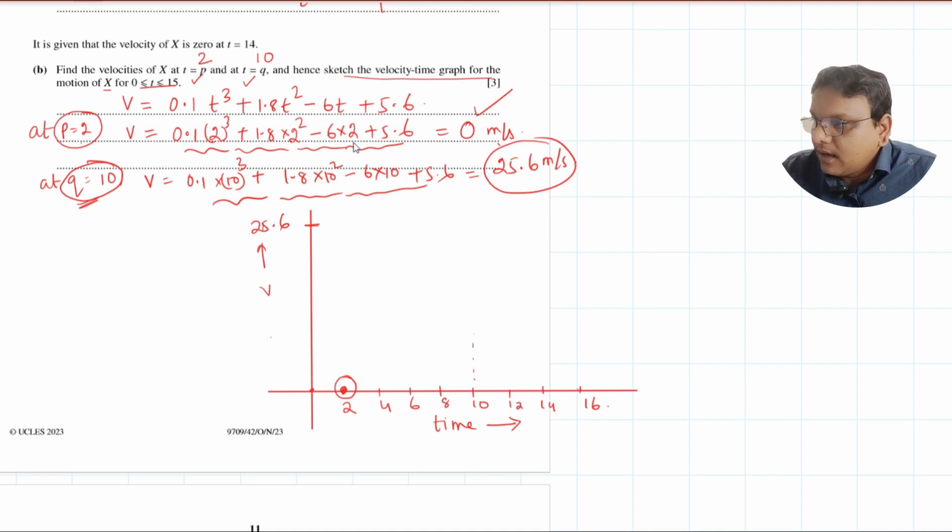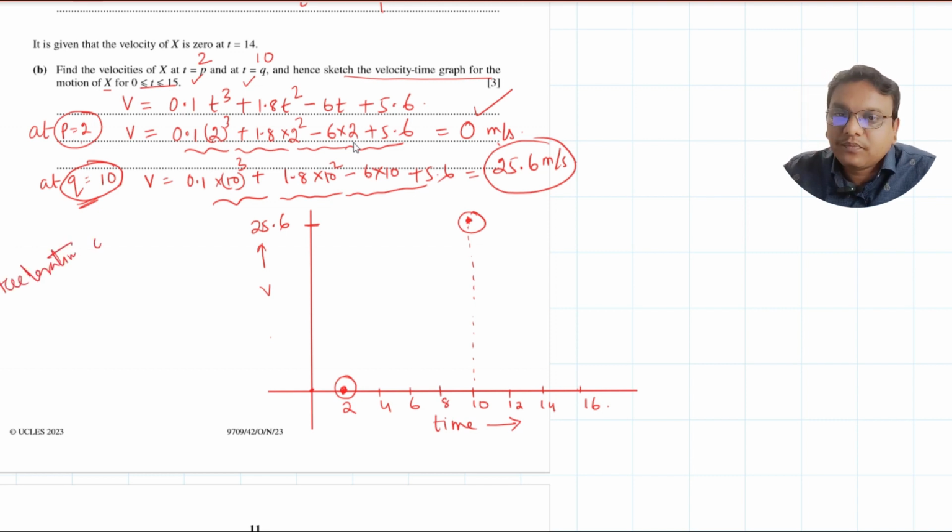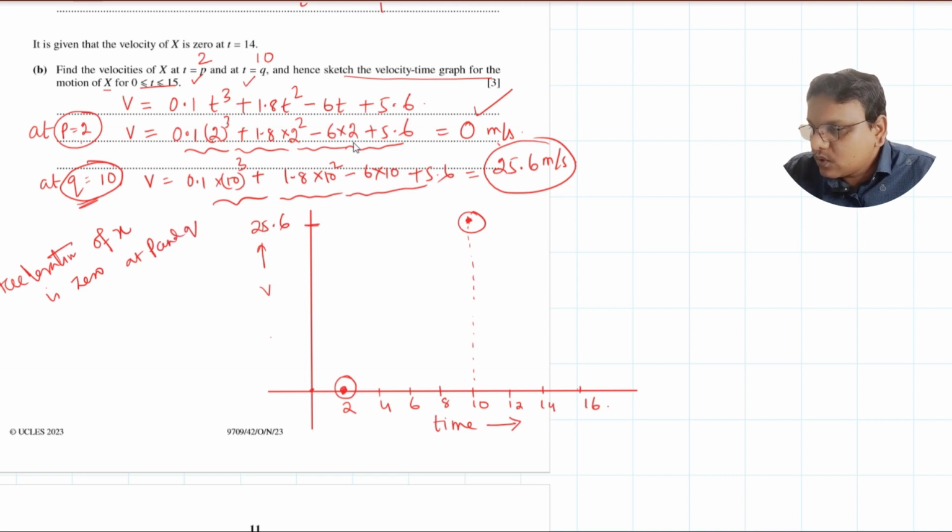Now see, if you read the question properly, the acceleration of x is 0 at p and q. Acceleration is 0 at time p, and this time is q, right? Yes or no? So what does it mean?